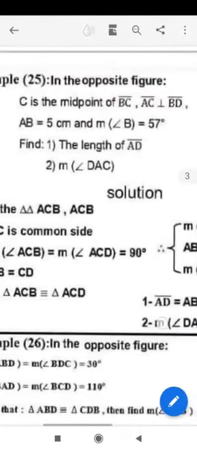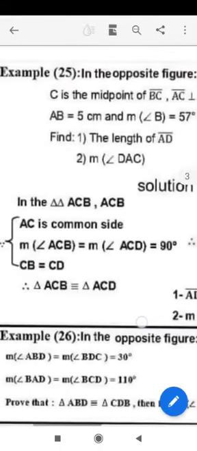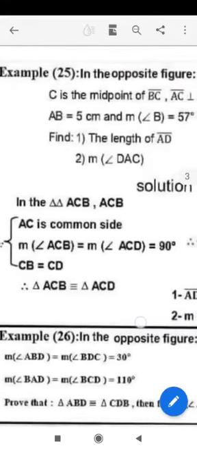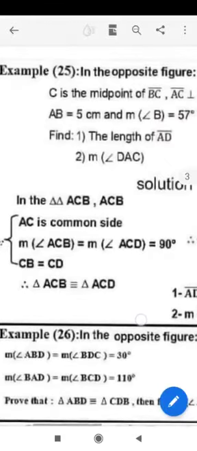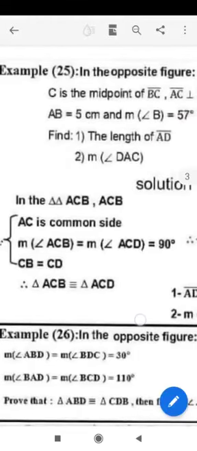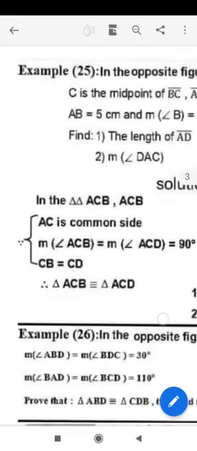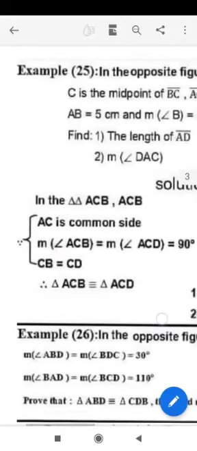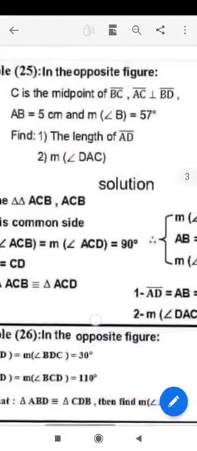AC is a common side, and measure of angle ACB equals measure of angle ACD equals 90, and CB equals CD. Now we find the three conditions to prove congruency. Now we can say triangle ACB is congruent to triangle ACD.